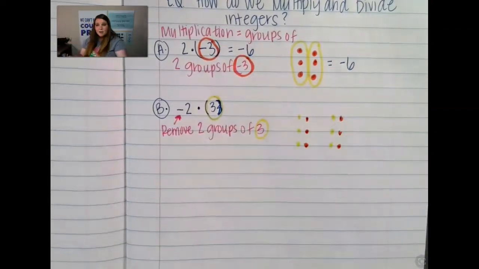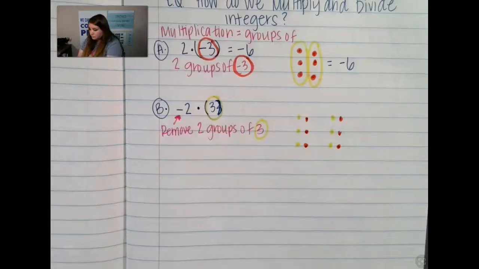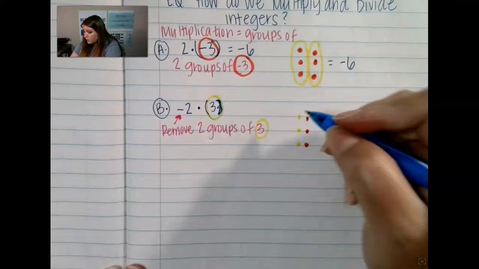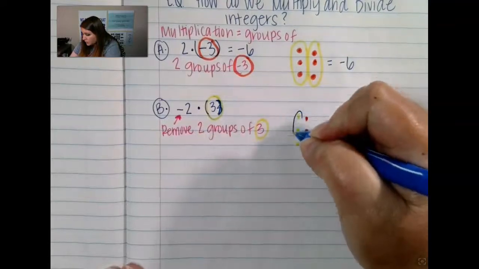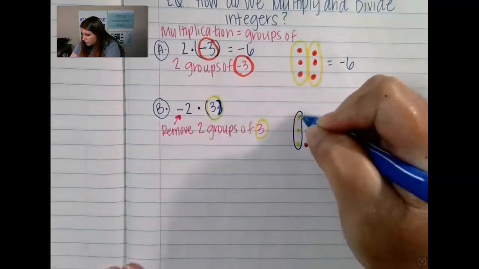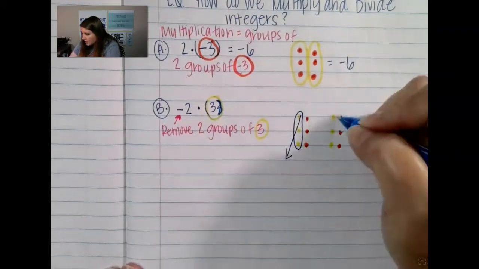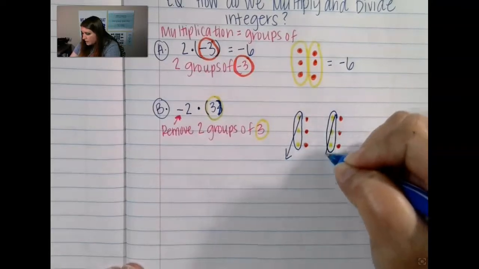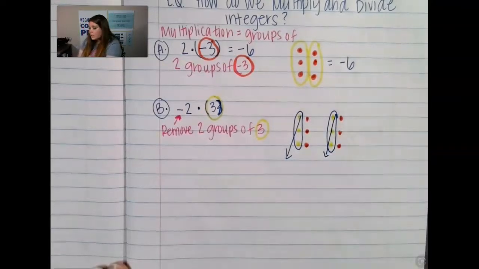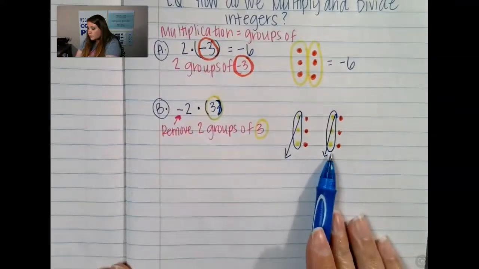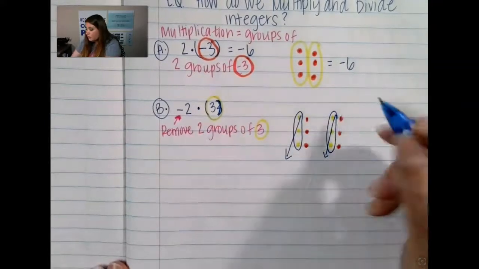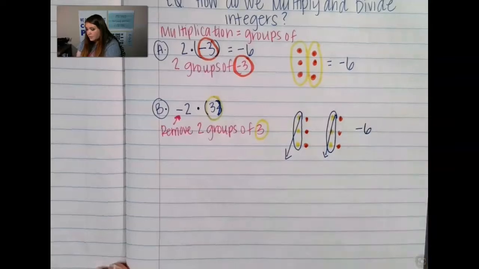Now that I've created the possibility, I can actually remove 2 groups of positive 3. Here is a group of positives, I'm going to remove that. And here is another group of positives, I'm going to remove that. So I've removed 2 groups of positive 3, and I am left with a negative 6.